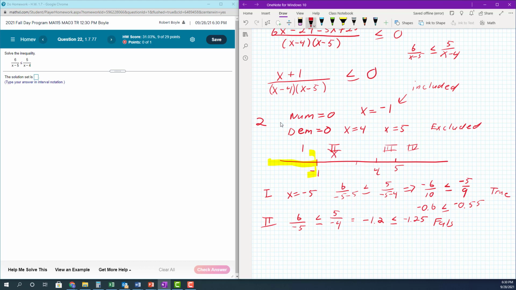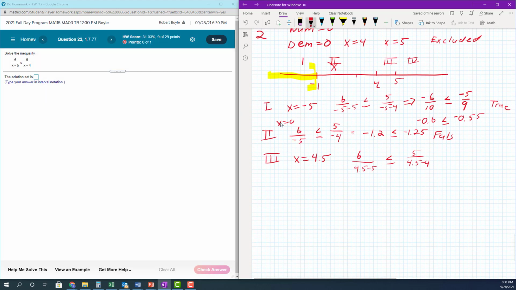Now the fun one is going to be the interval between 4 and 5. And the only reasonable choice that we would have here is to let x be equal to 4.5. Now remember, here we let x be equal to 0. Okay, if we did that, we will have 6 over 4.5 minus 5 is less than or equal to 5 over 4.5 minus 4.